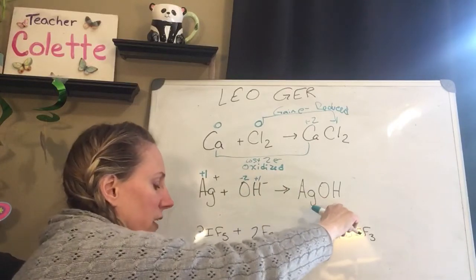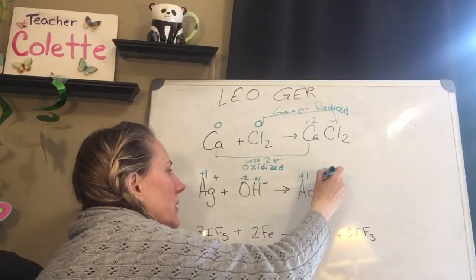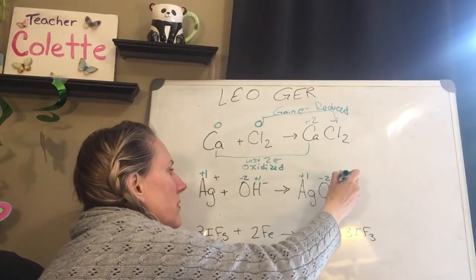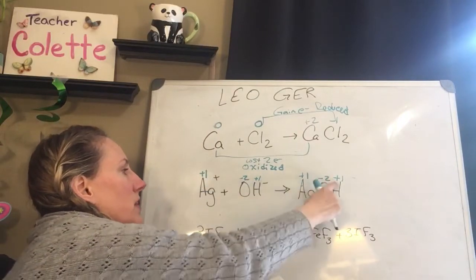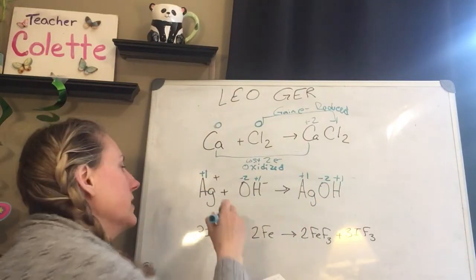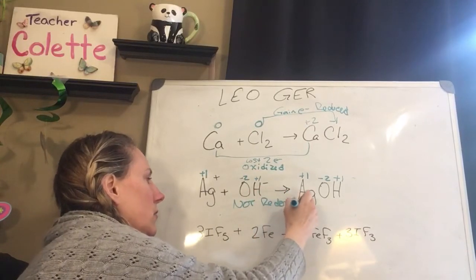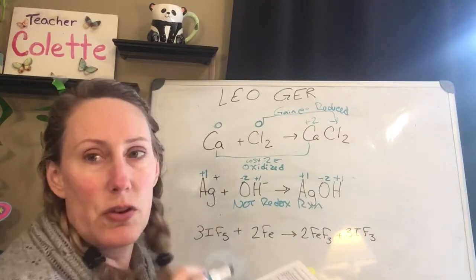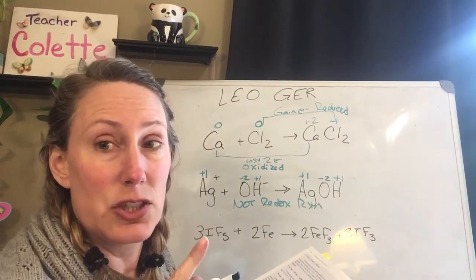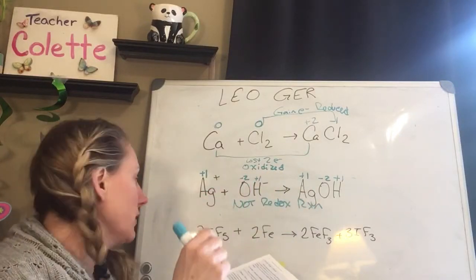Now we have Ag is still +1, O is still -2, hydrogen is still +1. So that is the same number, same number, same number. So all I would say is this is not a redox reaction. Done. Okay, so there are going to be some that are not redox reactions. If you see the first thing doesn't change, probably it's not a redox reaction.